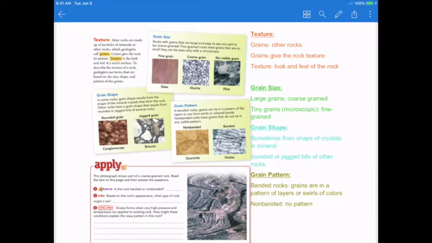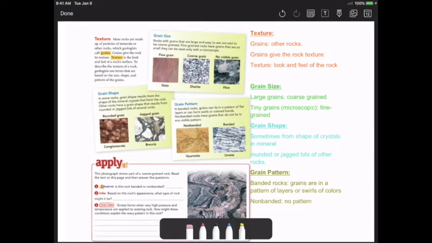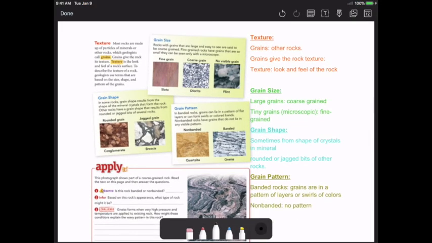So there's different types of grains. So we have grain size that we need to talk about. So if you look over here, the grain size is over here. So you can have fine grain, coarse grain, or no visible grain at all. The large grain, which is called coarse grain, so that's this one right here, has a lot of big, large minerals in there.